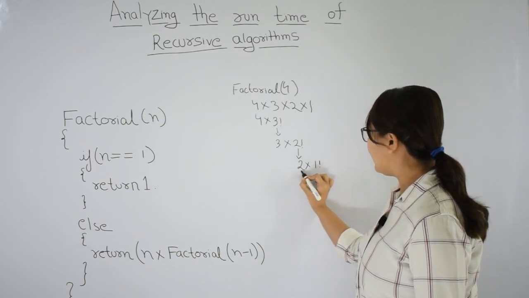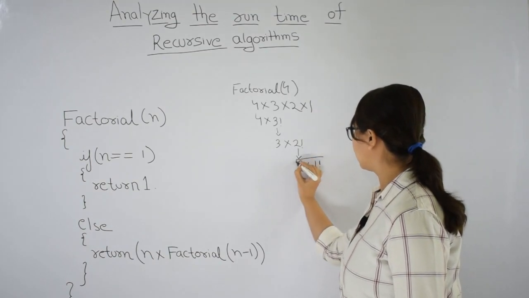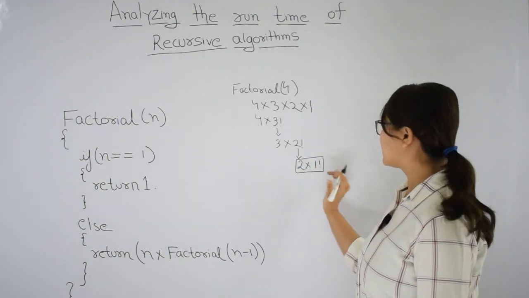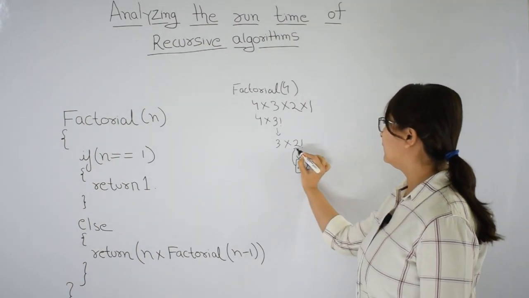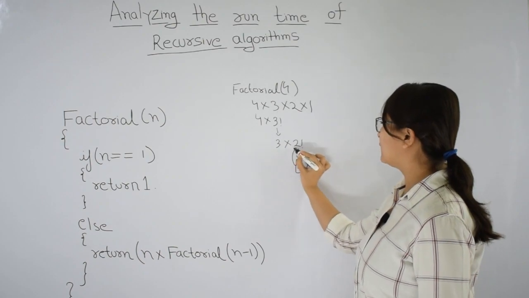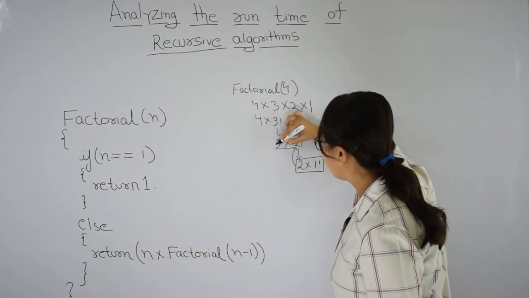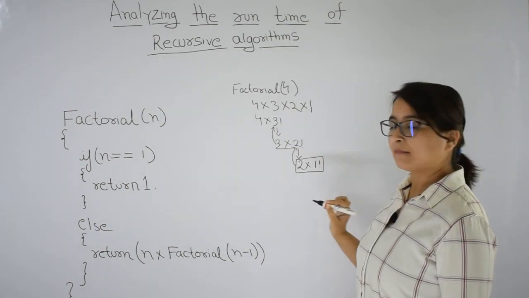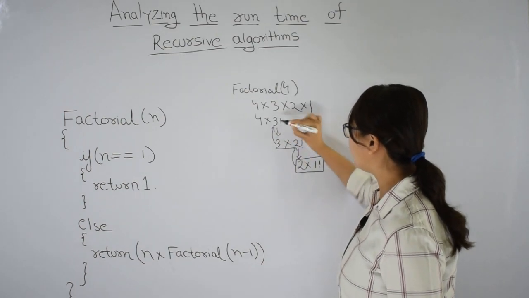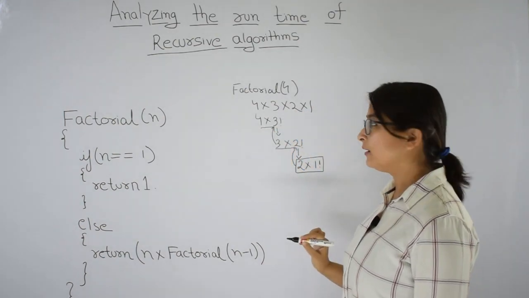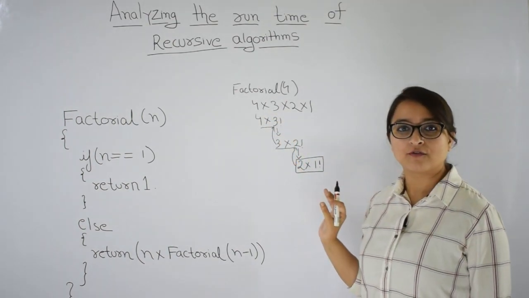So, when you multiply 2 into factorial of 1, you will get the value of this expression, and you can substitute to return this value over here. Then whatever value you receive over here, you multiply it by 3, and the value calculated will be returned. You multiply this returned value by 4, and now what you have is the factorial of 4.